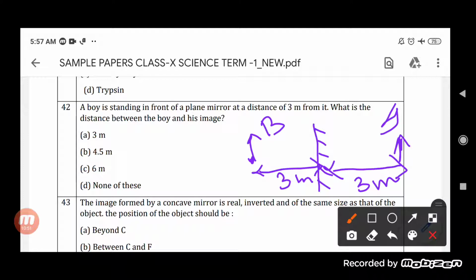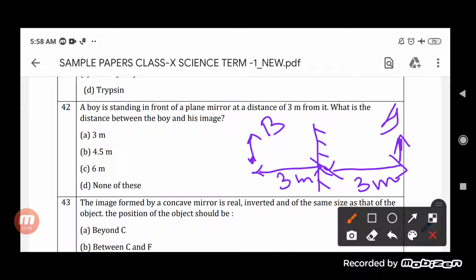Now the question is, what is the distance between the boy and the image? Here it is not asking about the distance between the boy and the mirror or the image of the boy and the mirror, but just asking the distance between the boy and his image. Now you can see that the distance between the boy and the mirror is 3 meter and that of the image is also 3 meter.